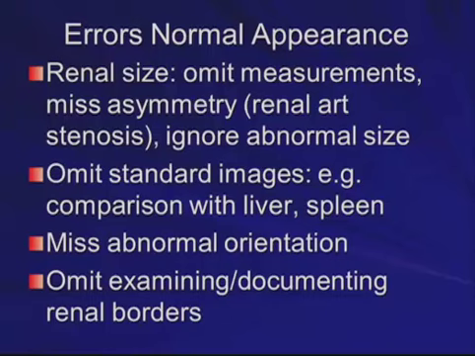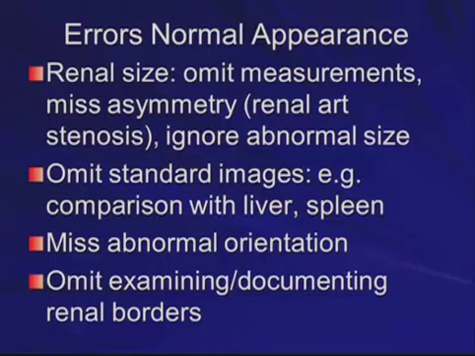We also miss renal abnormalities because there are standard renal pictures which are just omitted from the actual exam. And so, for example, if you have an abdominal ultrasound and you're missing the picture of the right kidney with respect to the liver, you may not realize that the echogenicity of that kidney is in fact abnormal.